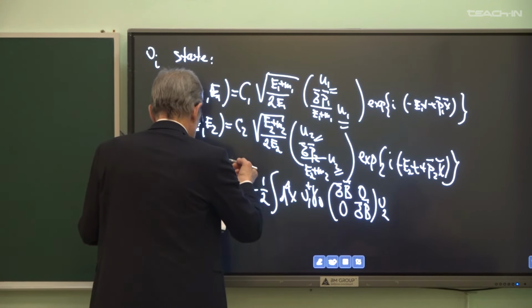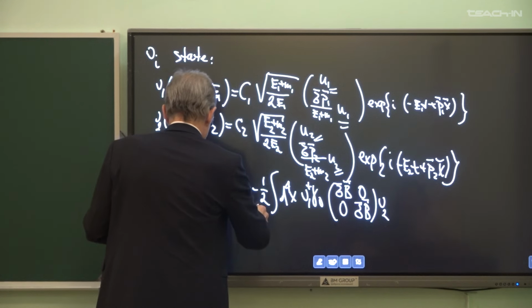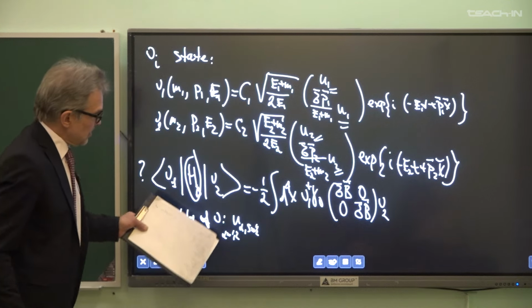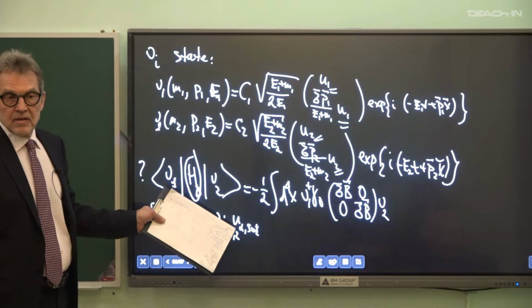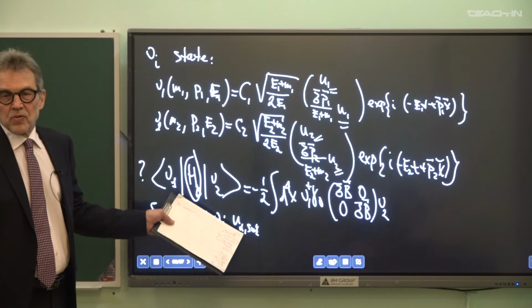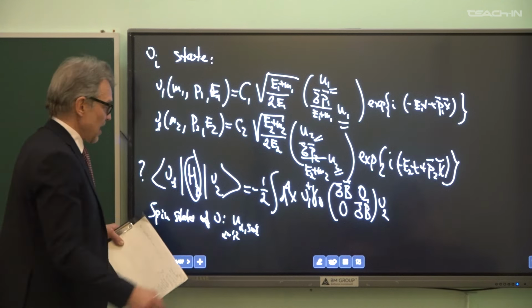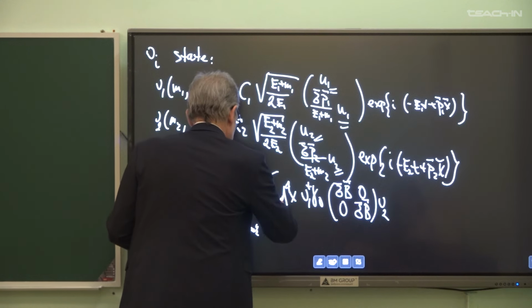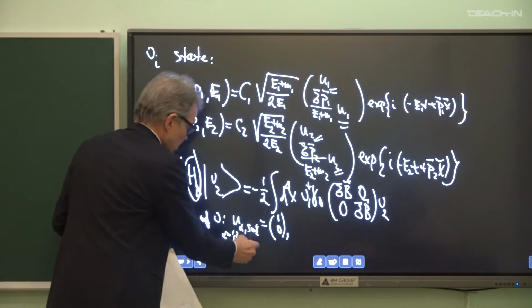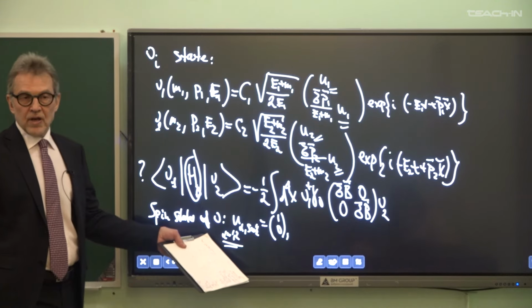So to describe the spin states of neutrinos, we agree that U alpha, where alpha can be equal to 1 or 2, has an additional characteristic that describes the spin state. Sometimes you can put plus or minus. I put 1/2 and minus 1/2, and this is (1, 0) for both alpha equal to 1 or 2, yeah?